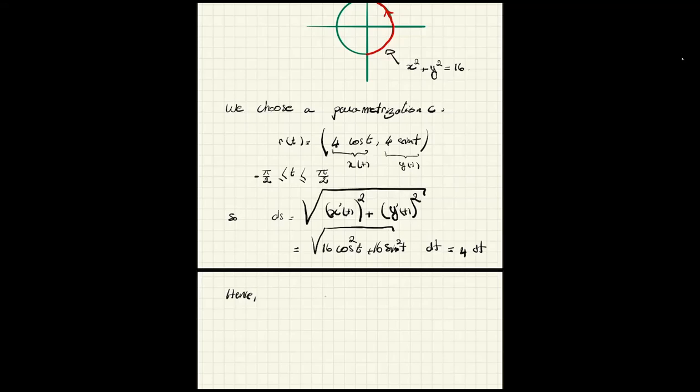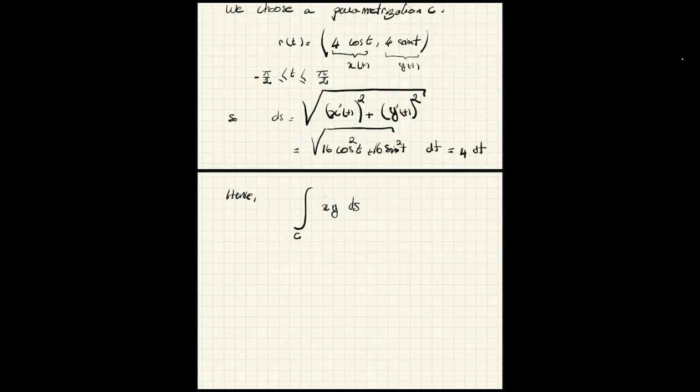So the line integral over c of this function ds is equal. Now ds is this thing, right? Is now ds is here.